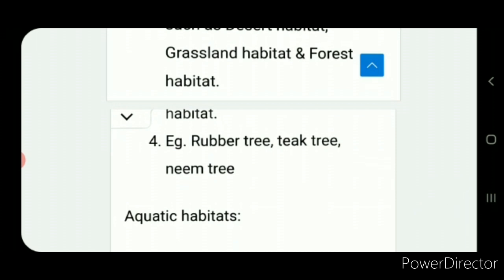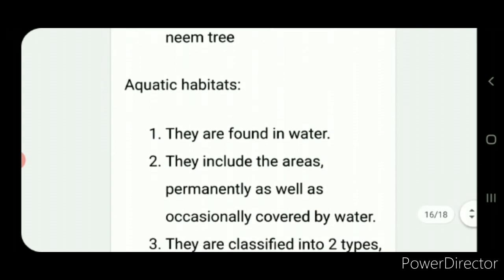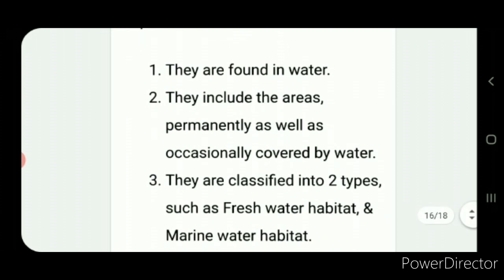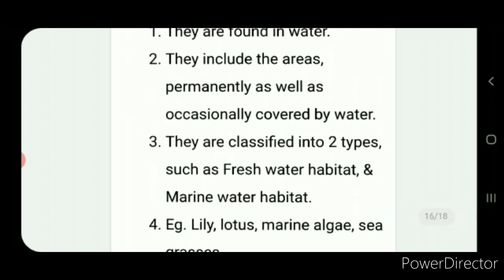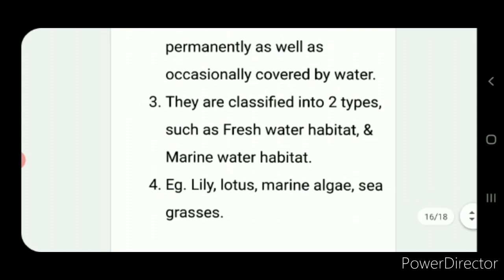Example, rubber tree, teak tree, neem tree. Coming to the aquatic habitats, they are found in water. Aqua means water. Hydro also refers to water. They include the areas permanently as well as occasionally covered by water. They are classified into two types such as freshwater habitat and marine water habitat. Example, lily, lotus, marine algae and seagrasses.